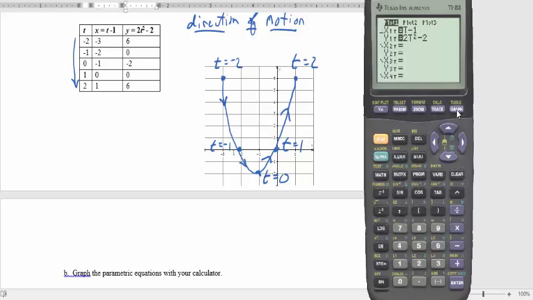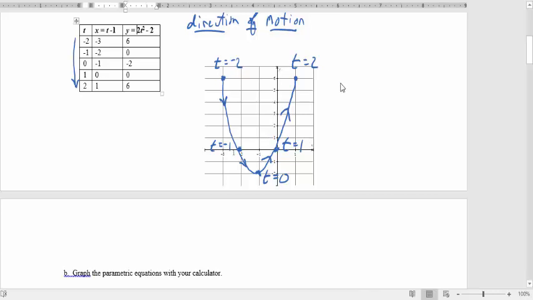So now if I hit graph, I'll see what happens. And isn't this exactly what I had done on my paper? Yep, sure is. So I started there at -3.6, went down to the right, and then back up, and I ended at 1.6. And notice how that doesn't go beyond this because I set my t range to only go from -2 to 2.